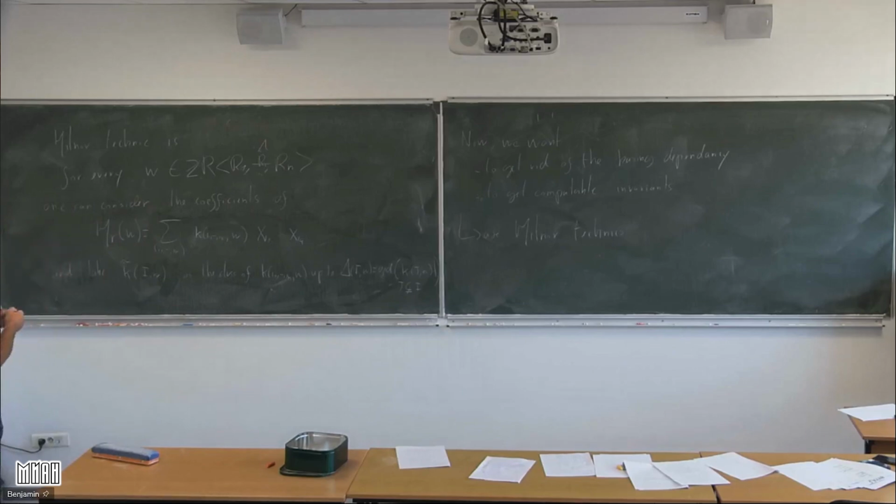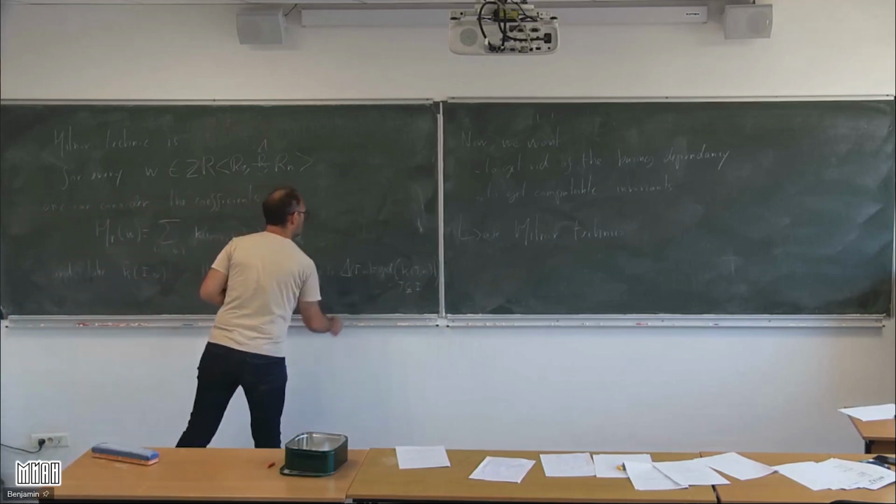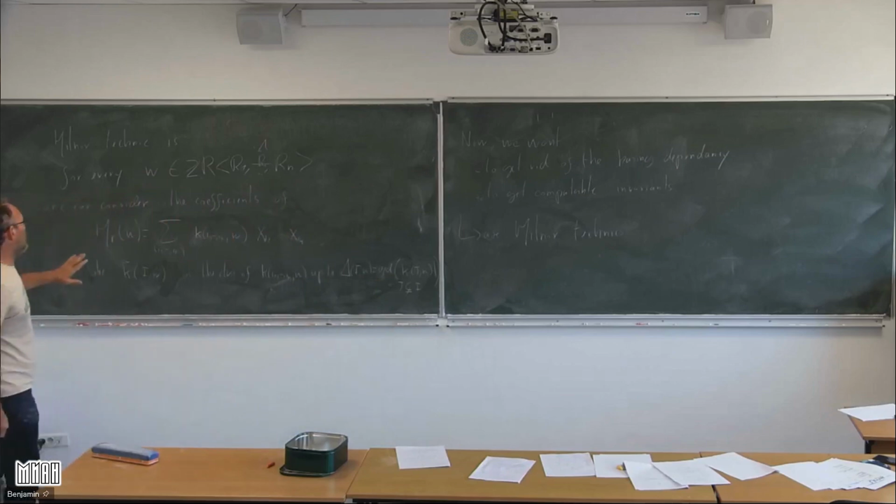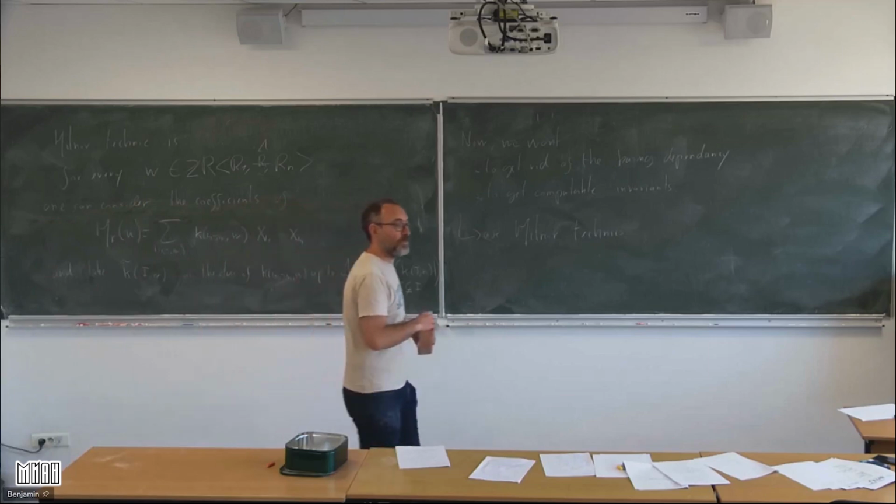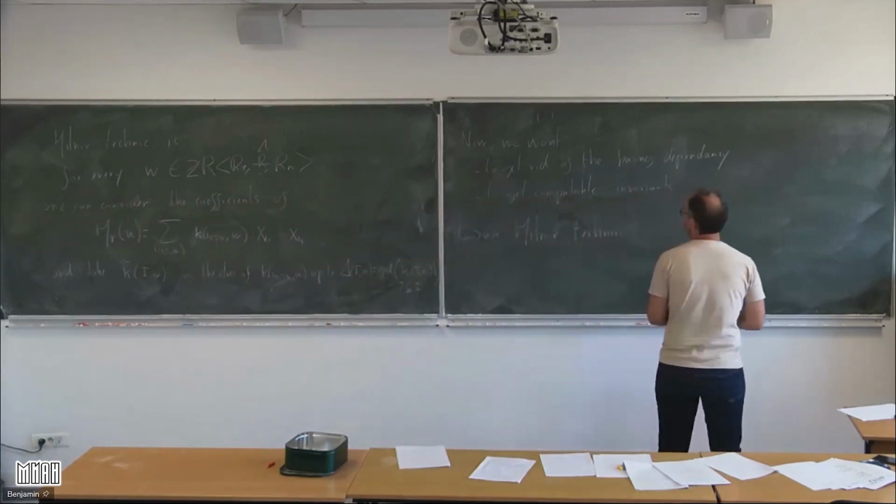And now we are in the sphere case. There is no such relation, so we only need to consider this element. Doing that, you define invariants which are invariant by conjugation. And this is just what happens when you change your base point. You are just looking at some conjugation.